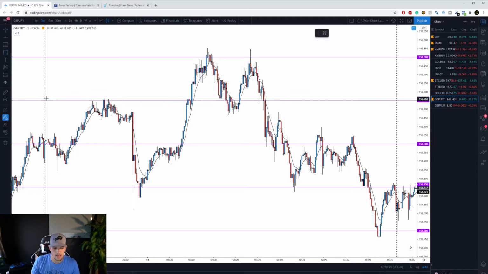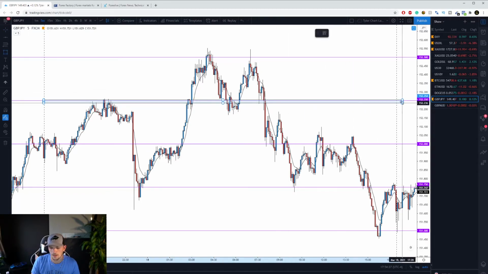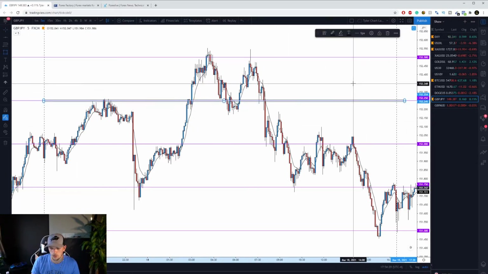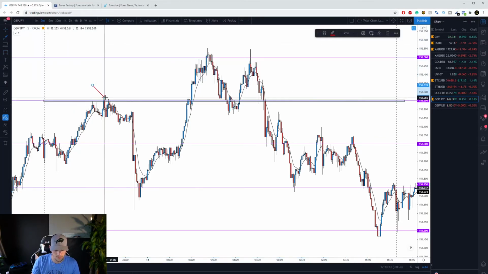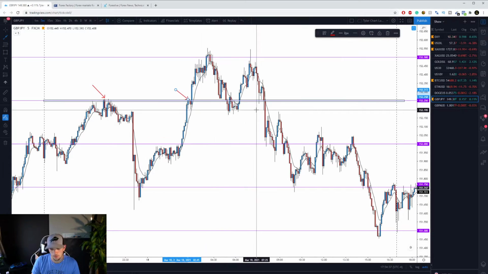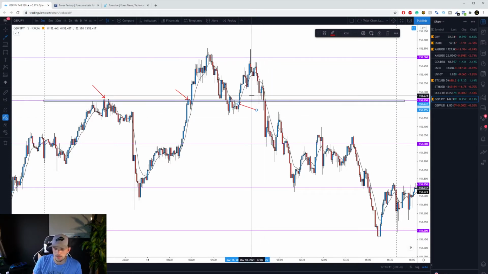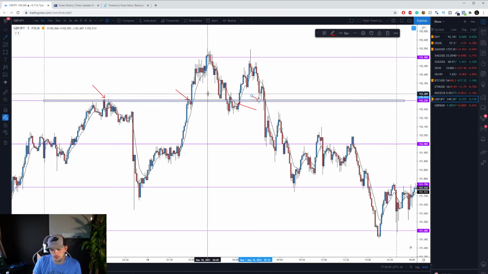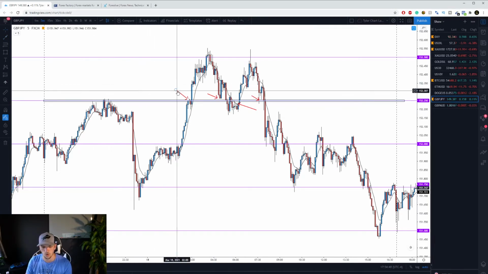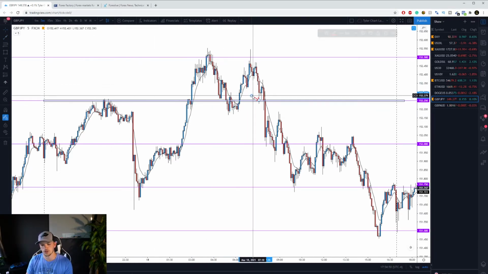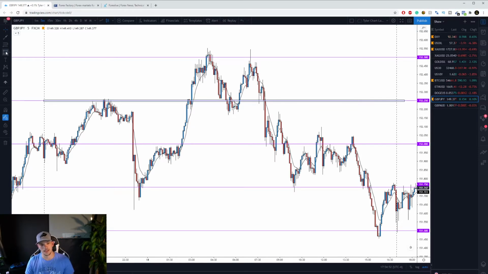If I draw a zone, a box around this 152.250, you'll see that this is a nice level of resistance right here. It broke through and created some kind of resistance there. It had a nice wick support right there. So there's significance to each quarter point, as price will most likely hesitate and respect each quarter point.